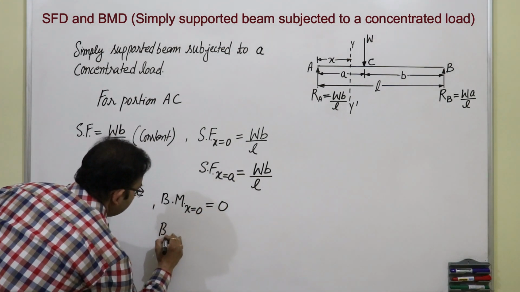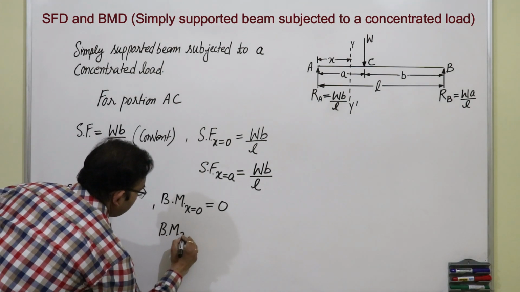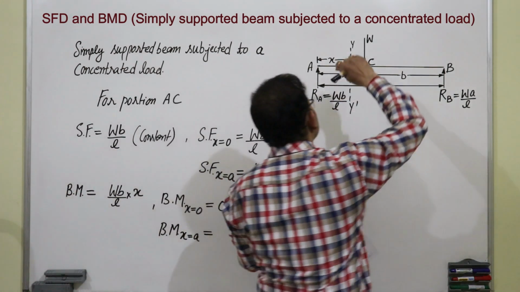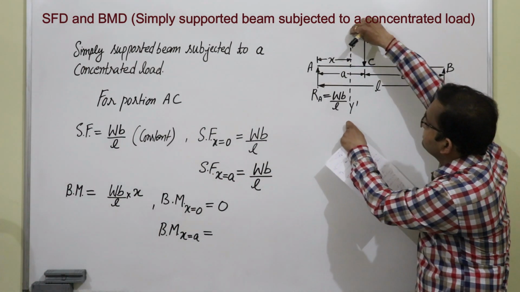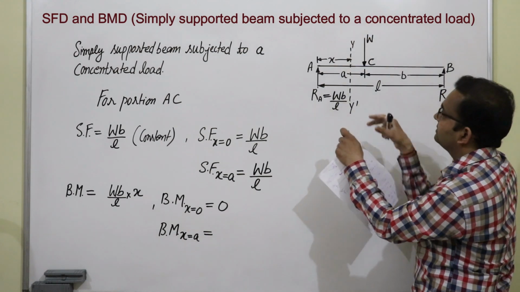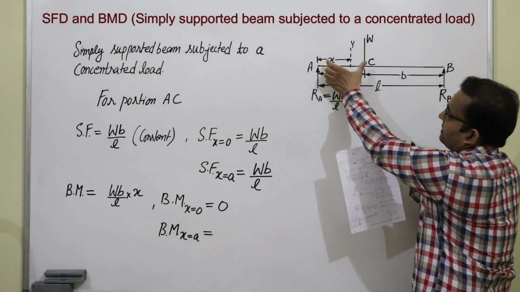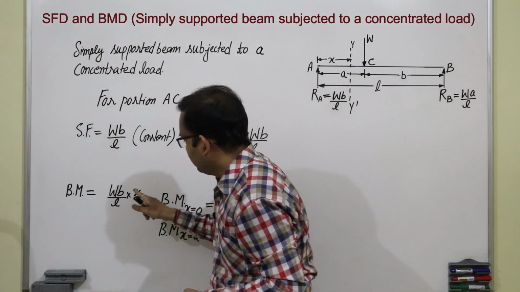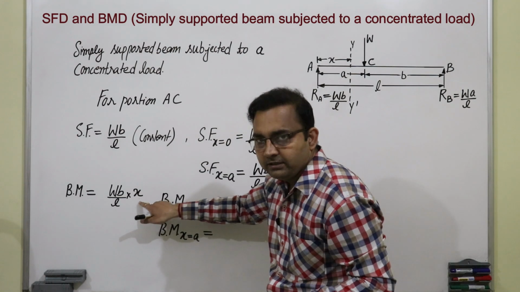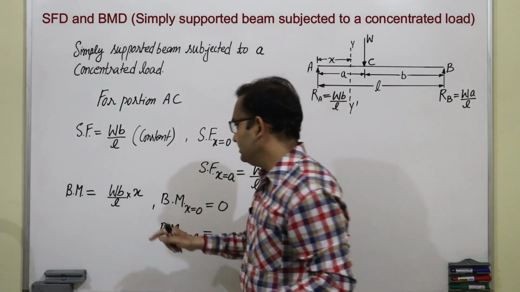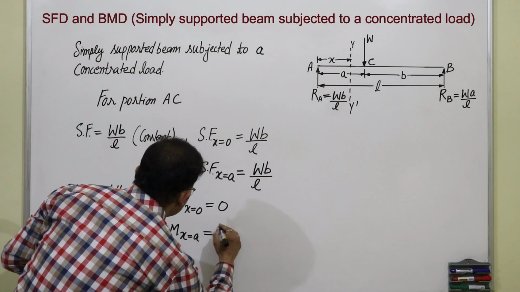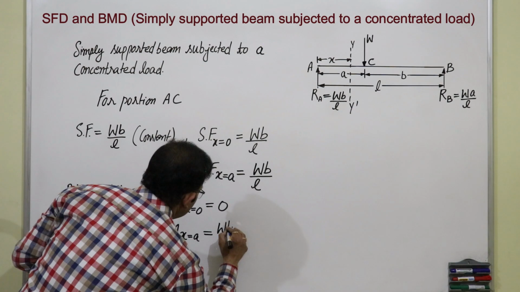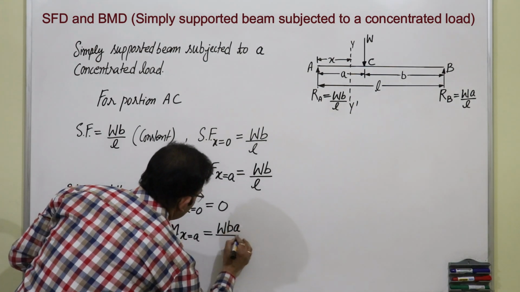And bending moment at x equal to small a: if I slide this section to point C, x will increase and become small a. So, we put small a here because this is the general equation. So, bending moment is WBA upon L.